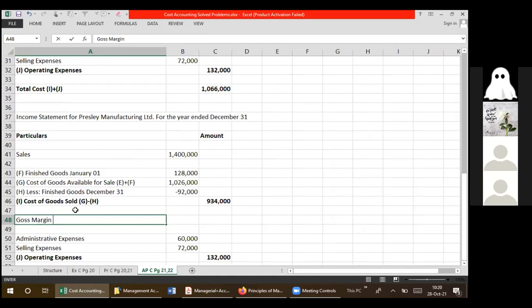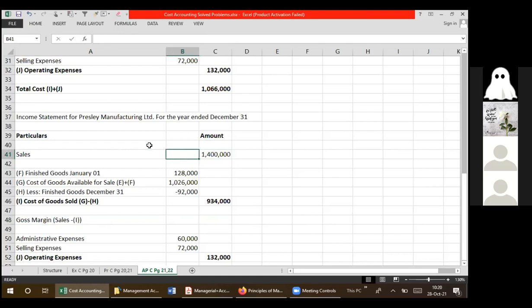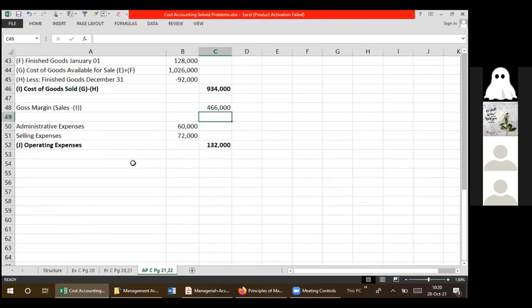We have gross margin here. Sales minus cost of goods sold, that is I. So gross margin is sales minus the cost of goods sold, 466,000.